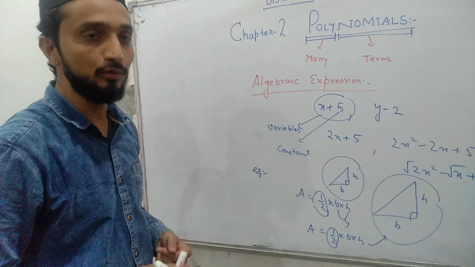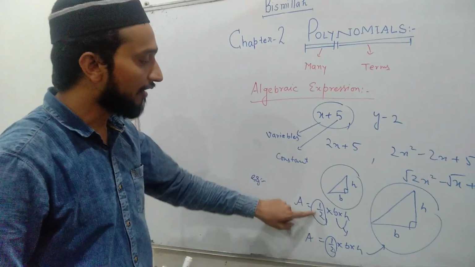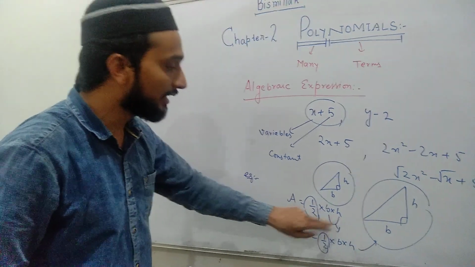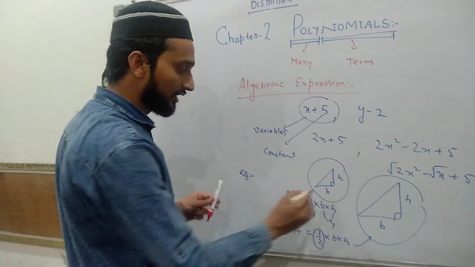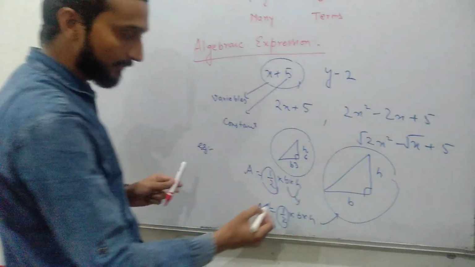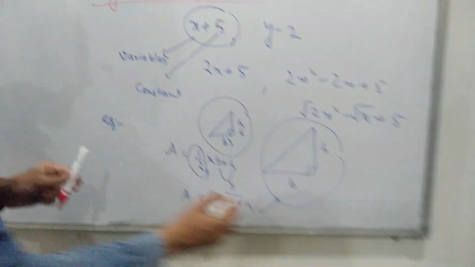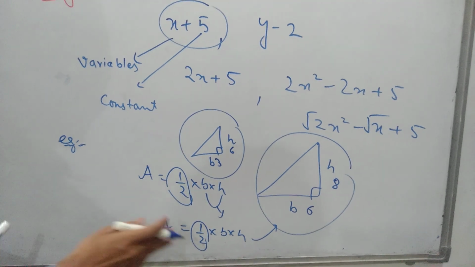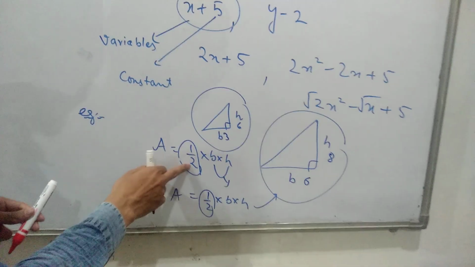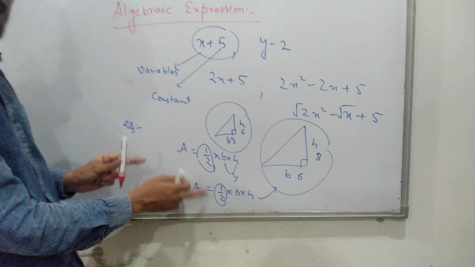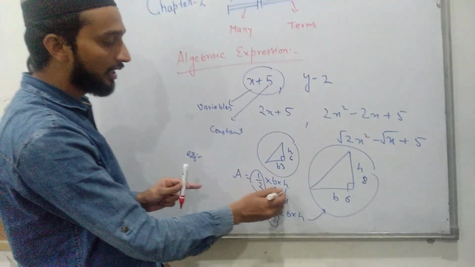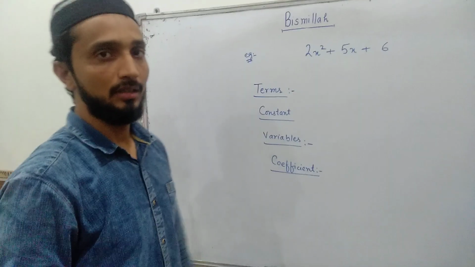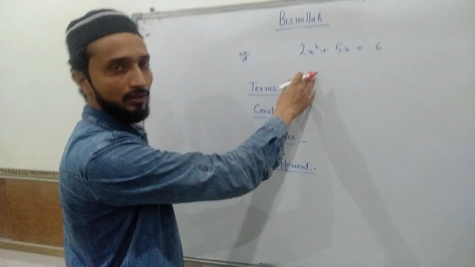Whenever we have to find the area, half must be included in that formula, right? And base and height are different. Suppose this has 3 centimeters and this has 6, the area will be something, and this has 6 and this has 8, so the area will be different, but they are connected with the same formula. So the values that are not going to change are called constants, and the values that are changing are the variables.